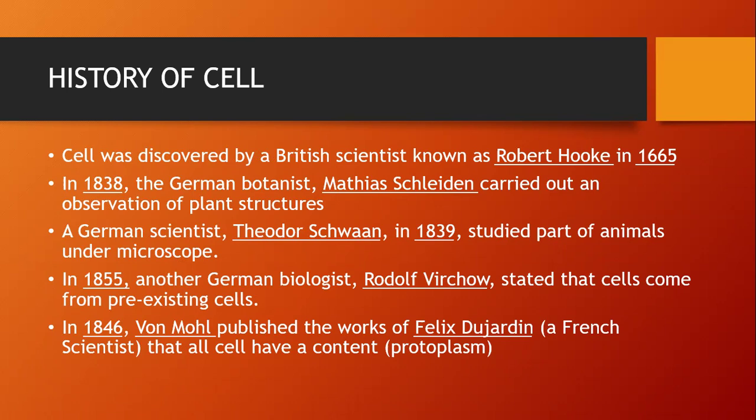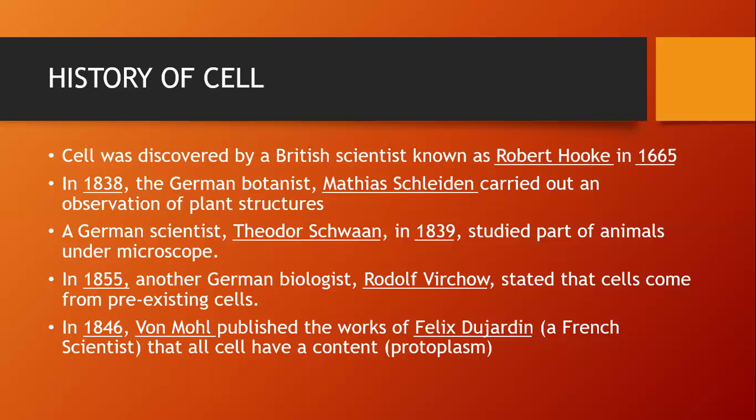So having known this, we move on to the next form of history of cell, which is in 1838 about a German botanist called Matthias Schleiden, who carried out an observation on plant structures. Now, Matthias Schleiden, his full name is Matthias Jacob Schleiden. He was also a German botanist who studied plant anatomy and cell theory.